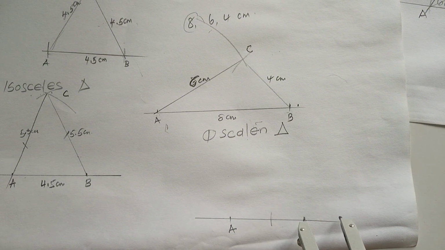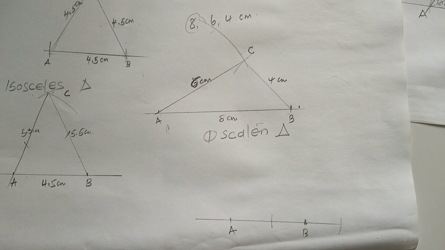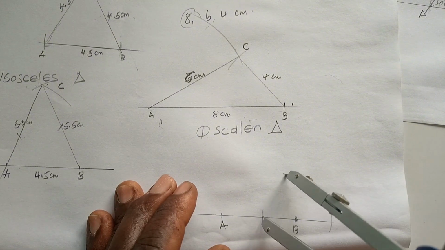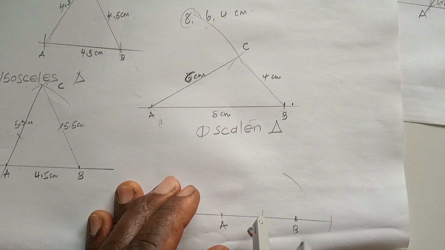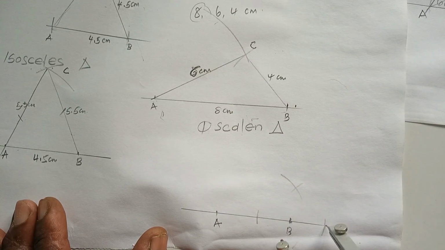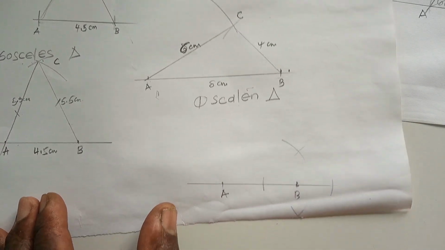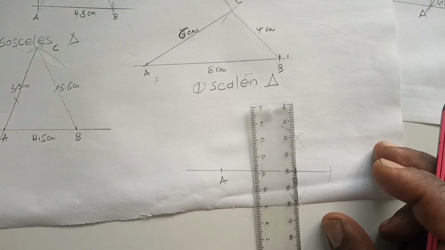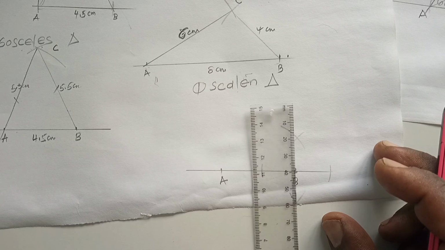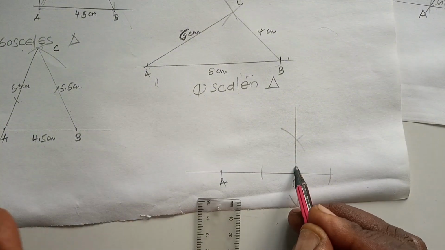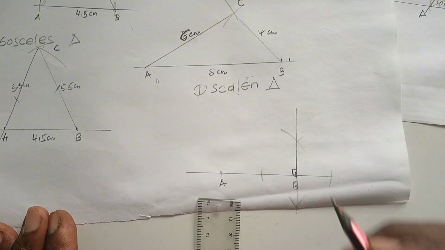We make a strike there, then we adjust it a little bit, make an arc there and another arc down there. We move to this other point, make an arc there and another arc there. Where they meet, we join the points like that. So here, this is our 90 degrees.